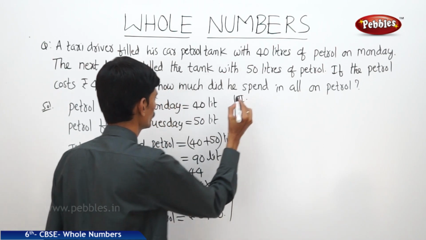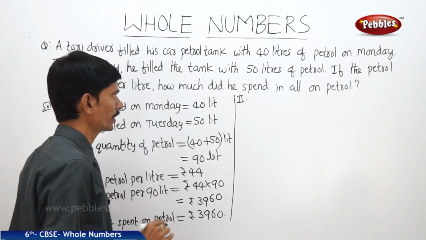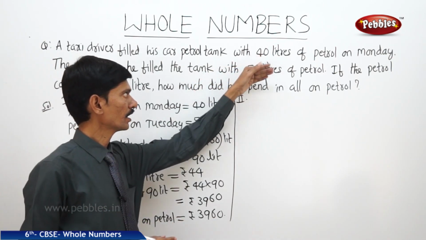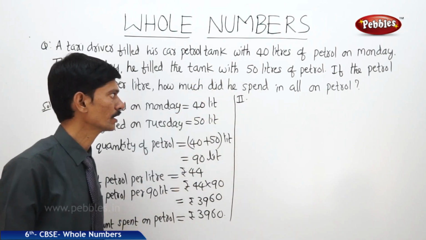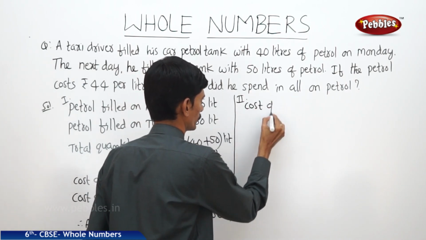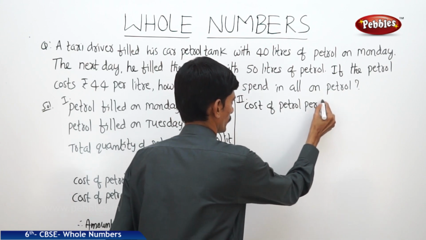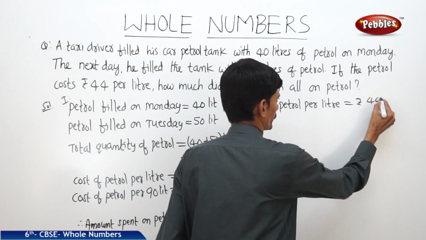Now this can also be done in another way. So this is the second method. Here we can find the cost of petrol filled on Monday, and we can find the cost of petrol filled on Tuesday individually. So the cost of petrol per liter equals 44 rupees.